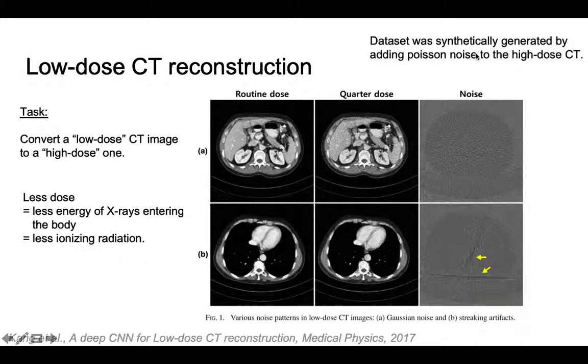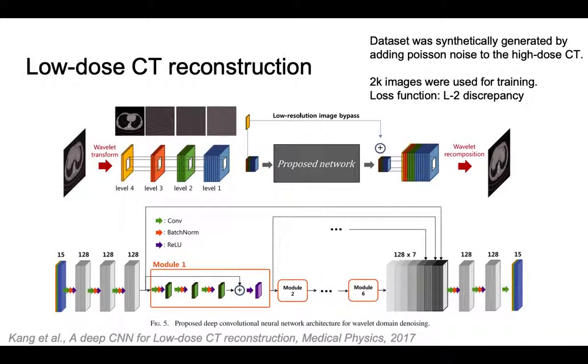What these guys did was take a high-dose CT dataset, and then synthetically manufacture a low-dose CT dataset using this Poisson distribution.